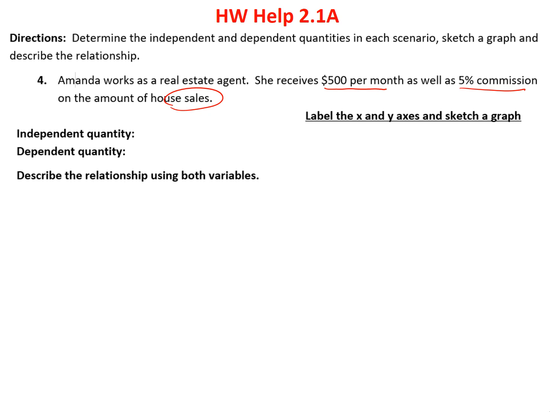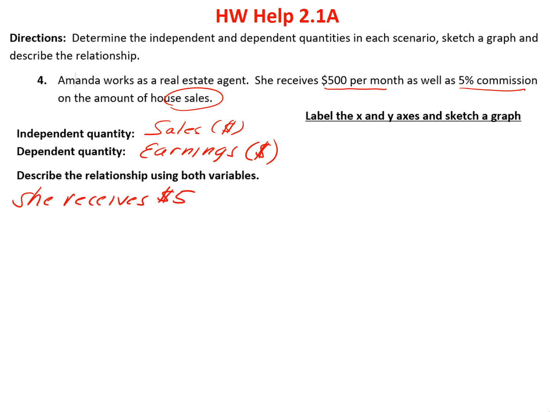What are her earnings? And as we can see then, her sales, which are in dollars, determine what her earnings are, how much she makes each month. So her sales are going to determine how much she makes in total. Now how this relation works is she receives $500 as salary.